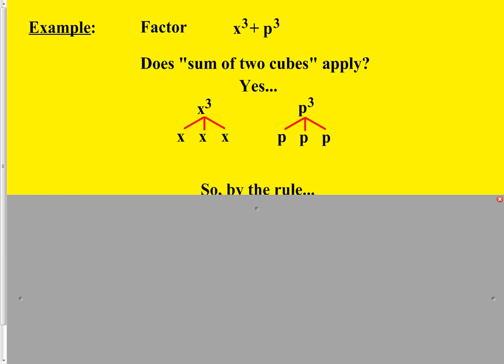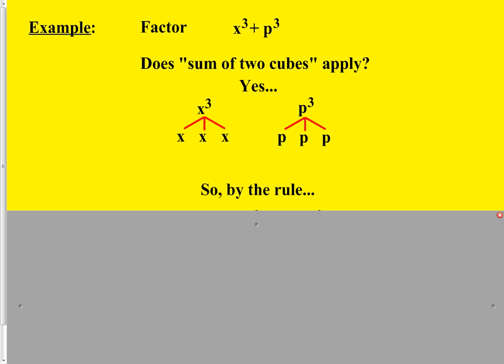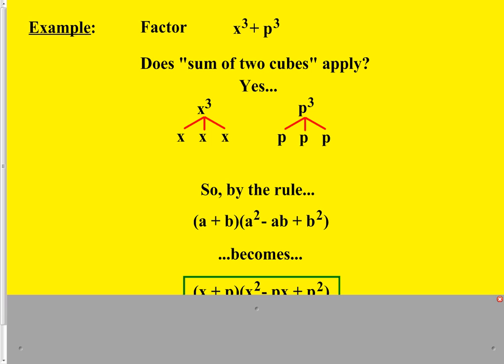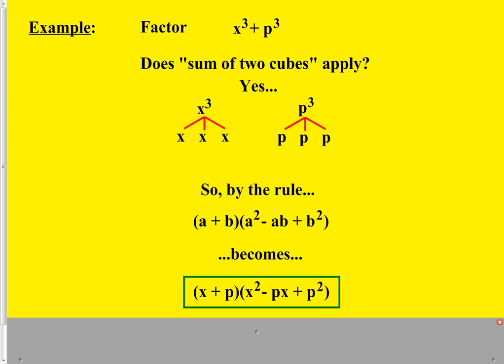So by the rule, we ought to be able to force this into this format, a plus b, and then multiply that times a squared minus a times b plus b squared. So when we plug everything in there, it should look like that. Now be advised that sometimes there will be some simplification that may need to be done.